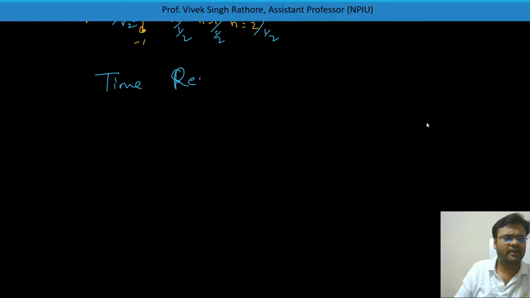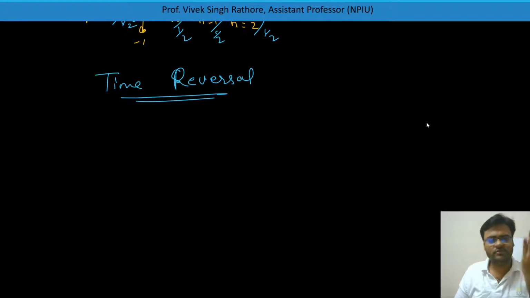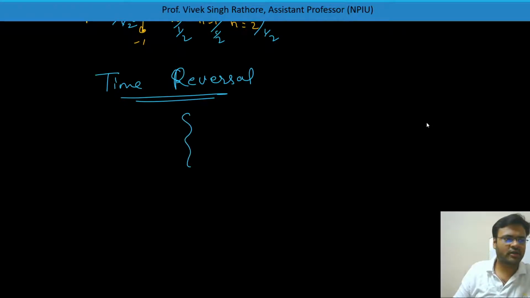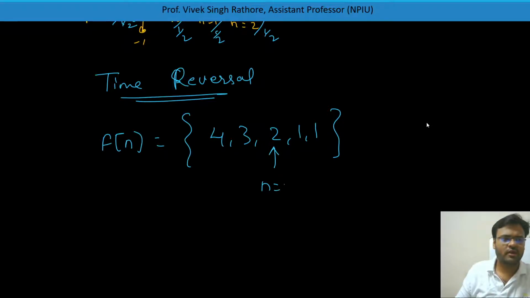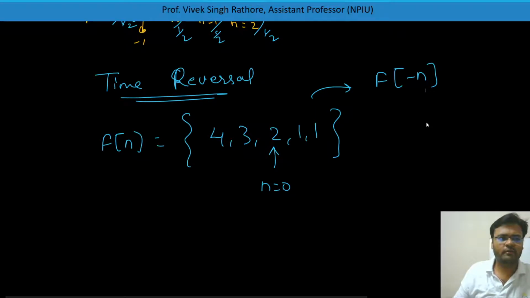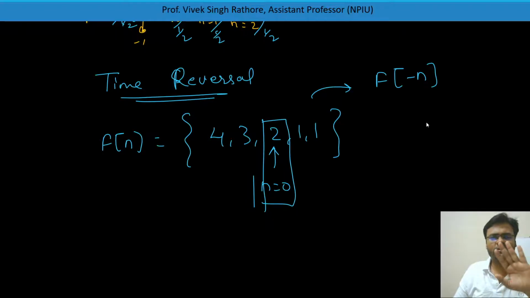Time reversal is not a very concerning thing, because we just need to do the mirror image. So let's suppose a signal is there, f of n, and the values are 4, 3, 2, 1 and 1, and this is n is equal to 0. Whenever you are asked to perform f of minus n, we need to retain the value at n is equal to 0, and just flip it.